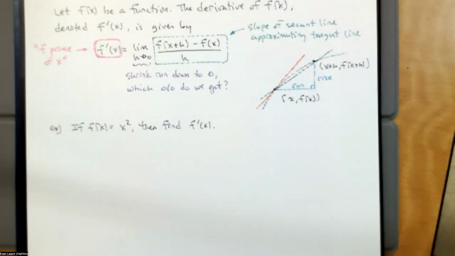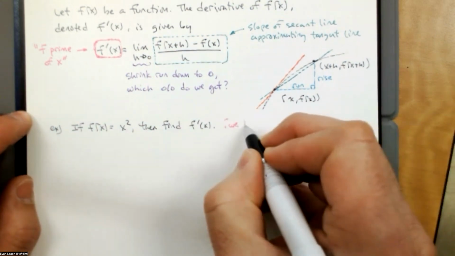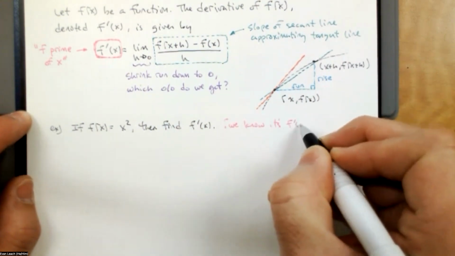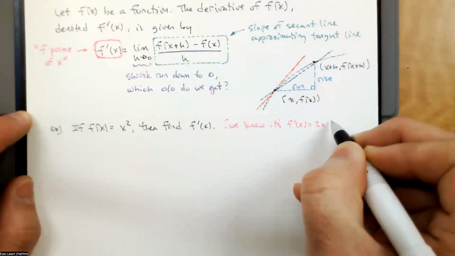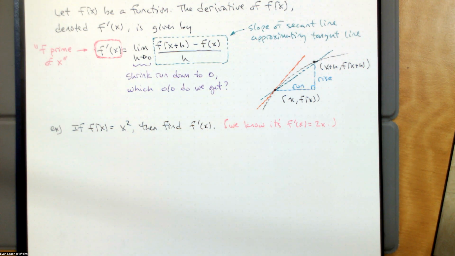We do nx to the n minus 1, we know the derivative is 2x. If we want to get there using the definition of the derivative, then we have to do some algebra. I know everybody's favorite. It's like, oh, why would you want to cut out the algebra? Well, just for time purposes. You could do the algebra on your own time. It'll be super fun.